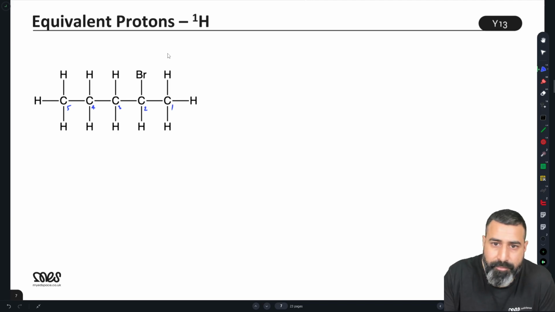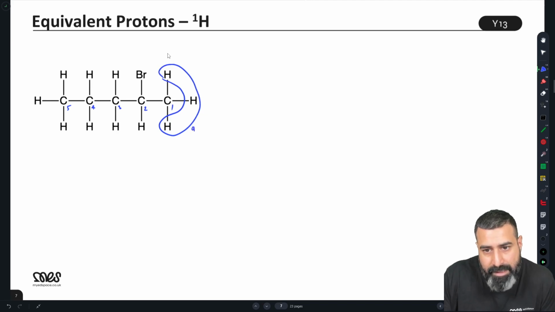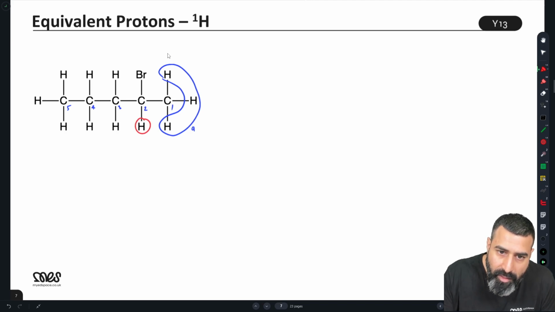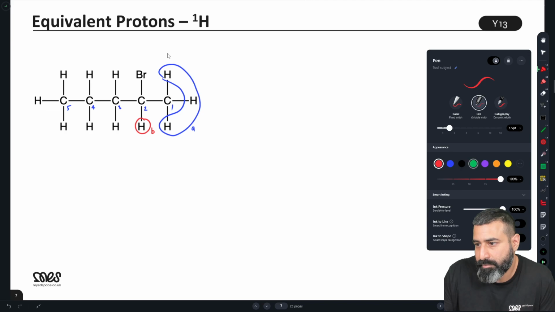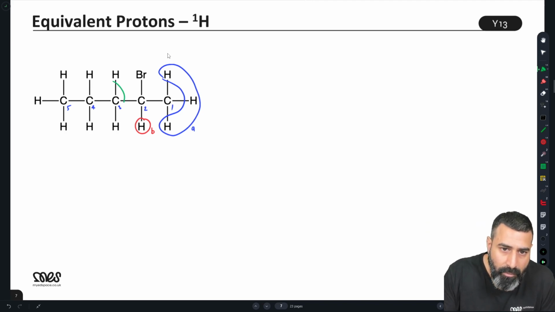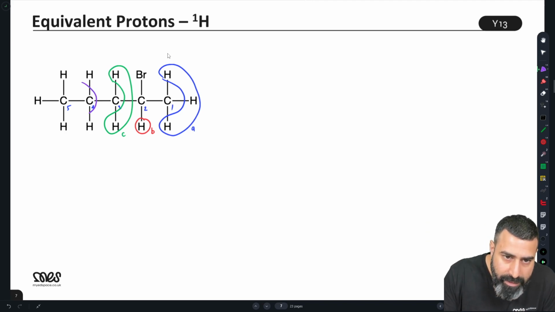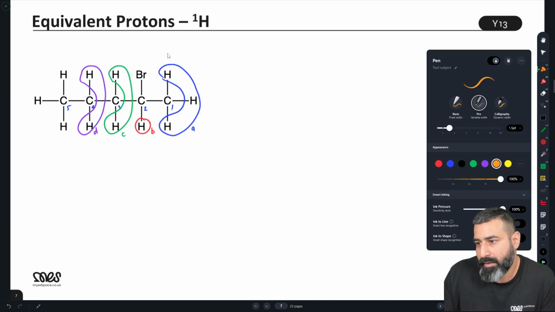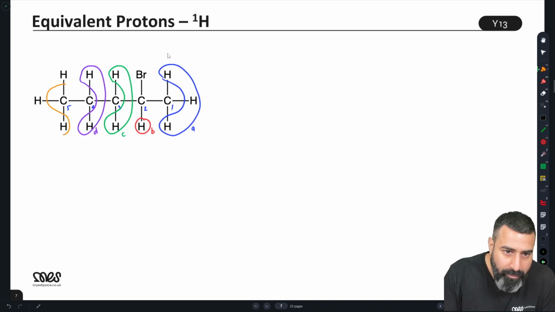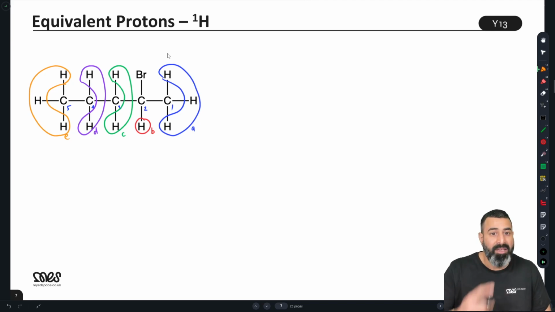Okay, so that's environment A. That's environment B. These guys are environment C. These guys are environment D. And then finally, those guys right at the end are environment E. So we've got 5 different proton environments here.